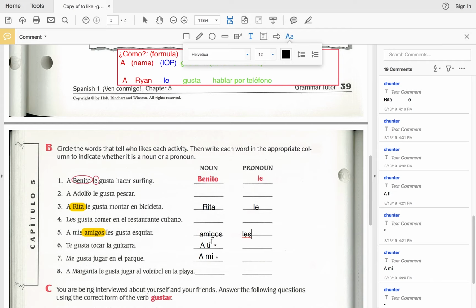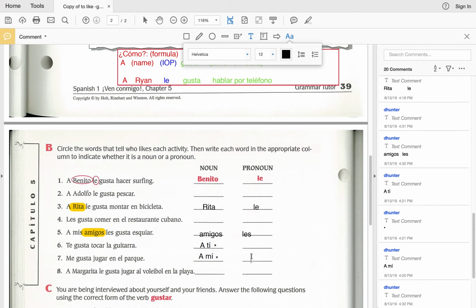Finally, we have 2 examples here. I'm going to go over número 7. Number 6 is pretty similar to it. It's just talking about you. It says, me gusta jugar en el parque. A mí has a star by it because a mí is actually not written in our sentence, but if we wanted to be more specific when talking about ourselves, we don't say our name and then me. We would say a mí.